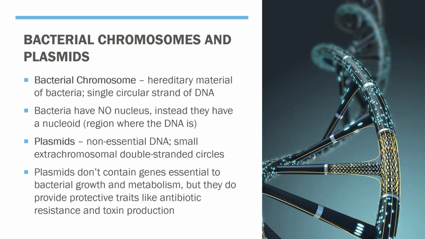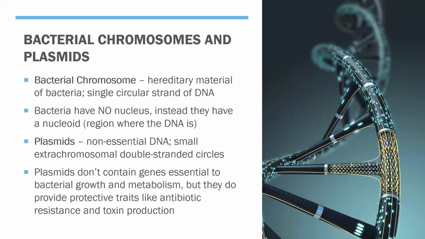Plasmids are also a genetic material you might find in bacteria. They're non-essential DNA though. They're much smaller and they're still in that circular shape. Often we refer to them as being extrachromosomal or kind of an additional chromosome.